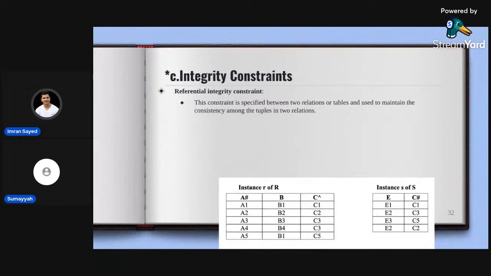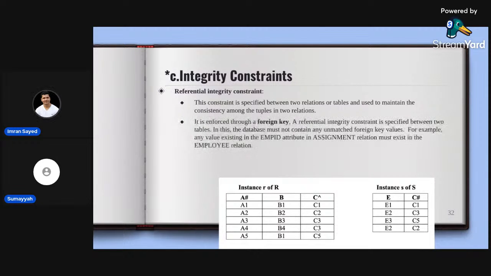This constraint is specified between two relations or tables and used to maintain the consistency among tuples in two relations. It is enforced through a foreign key. A referential integrity constraint is specified in two tables. In this, the database must not contain any unmatched foreign key values.